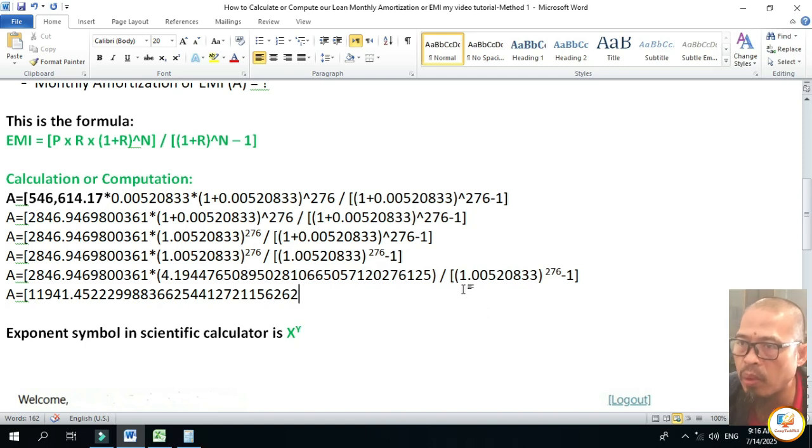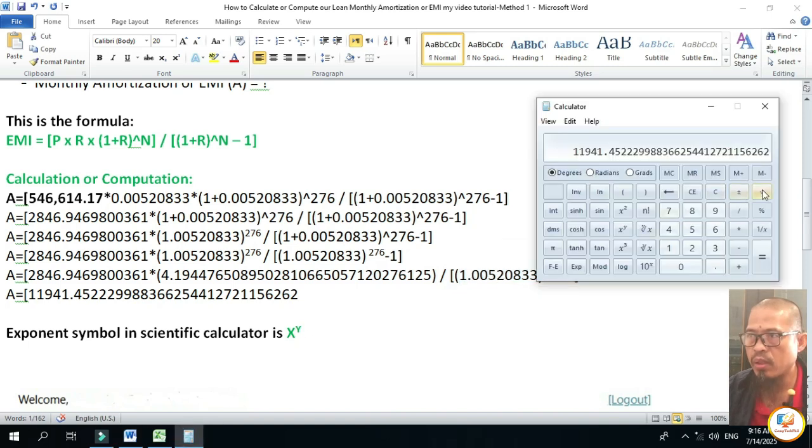But before that, we are going to take the exponent of this one. Same procedure. Exponent y, then 276, equals.